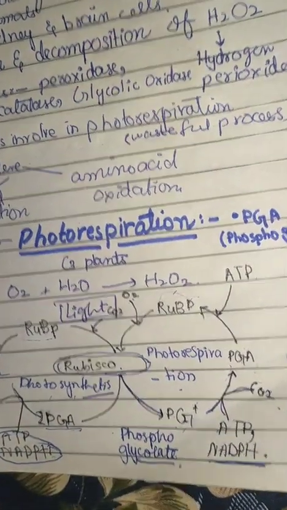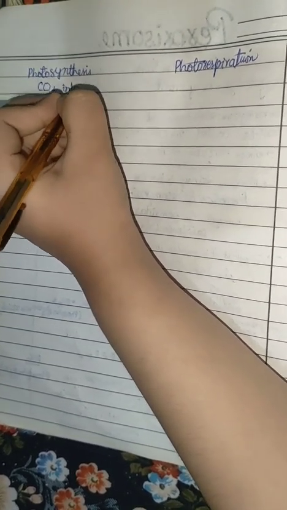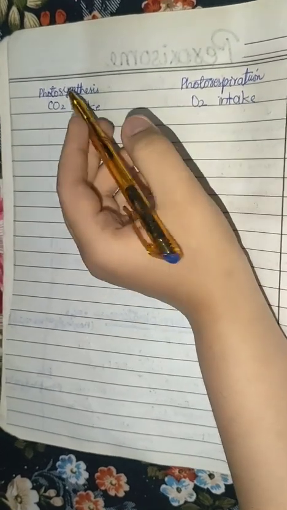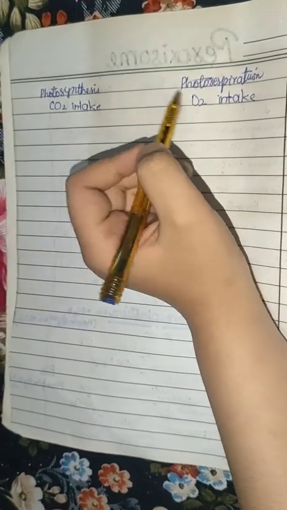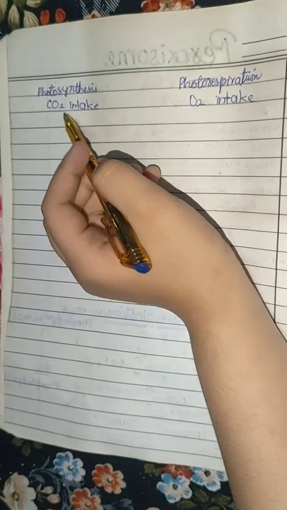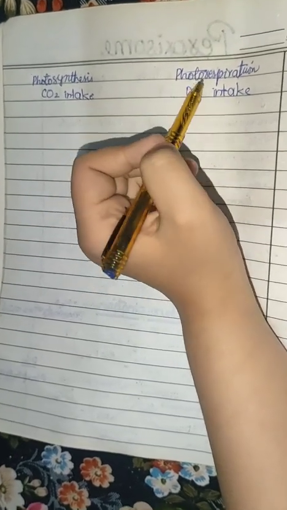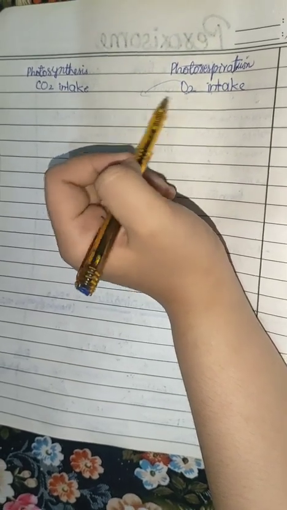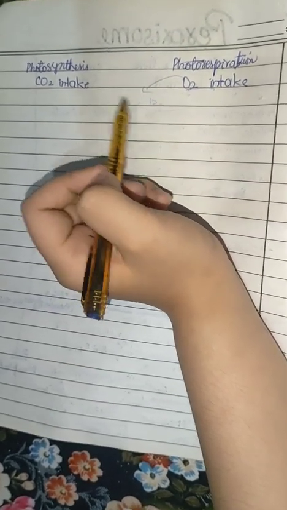Fine. Now let me tell you the difference between photorespiration and photosynthesis. In photosynthesis, basically CO2 intake, while in photorespiration O2 intake. Means in photosynthesis we take CO2 and combine it with ribulose bisphosphate with the help of Rubisco. In photorespiration we take oxygen and combine it with ribulose bisphosphate with the help of Rubisco.